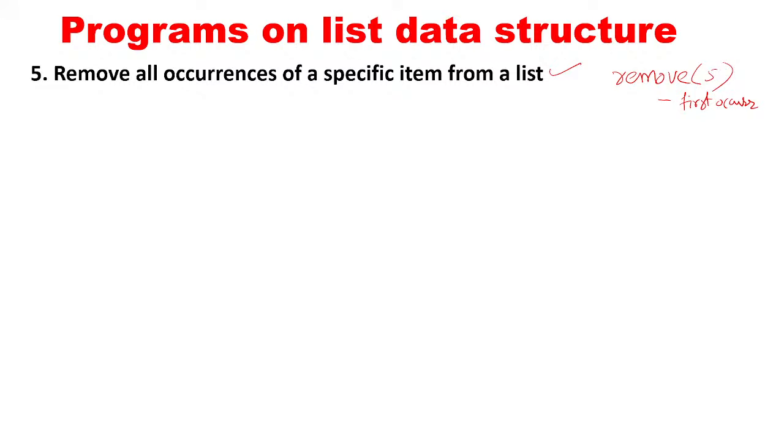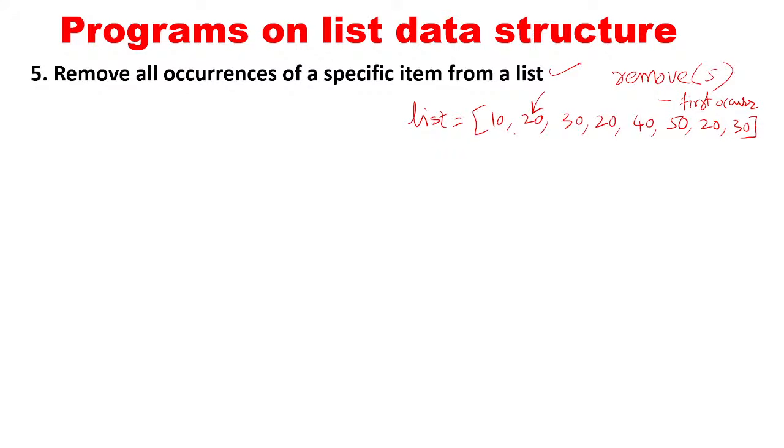You have a list containing some duplicate numbers like 10, 20, 30, 20, 40, 50, 20, and again 30. Now you want to remove all occurrences of the element 20 from this list.